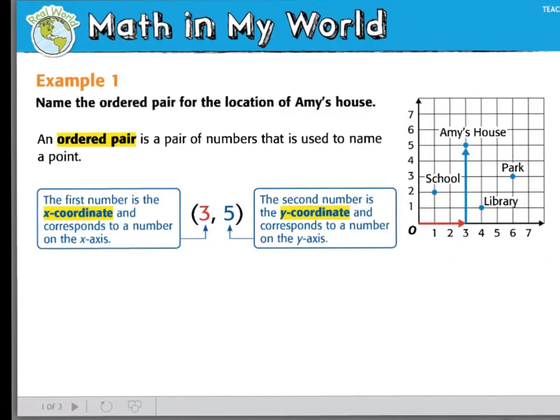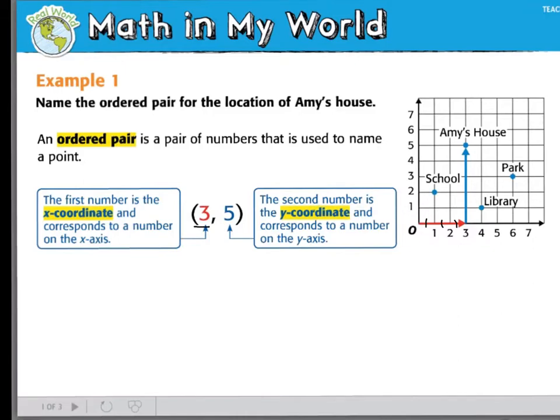So let's apply this to finding Amy's house. The x-coordinate comes first, so let's find our way across the x-axis first. The first number, our x-coordinate, is 3. So we travel 1, 2, 3 units along the x-axis.